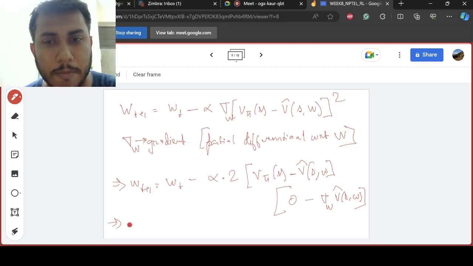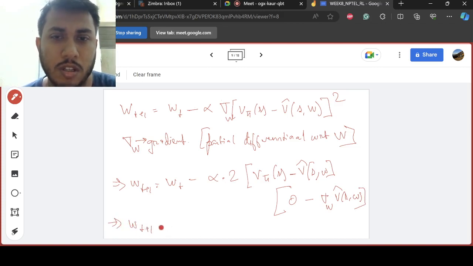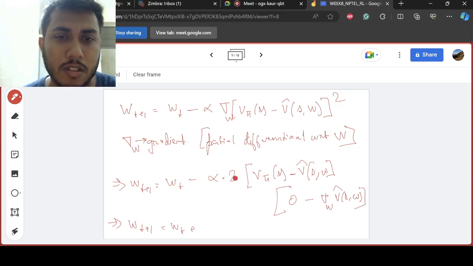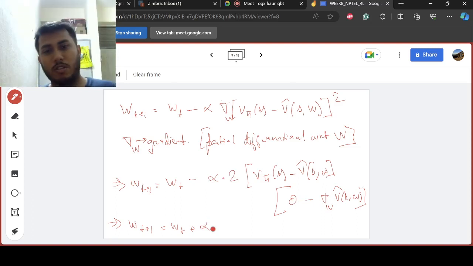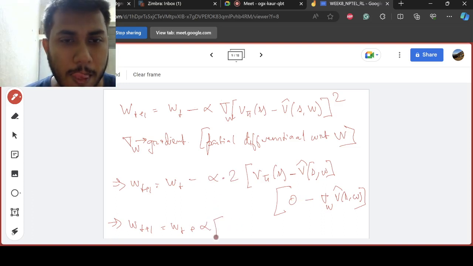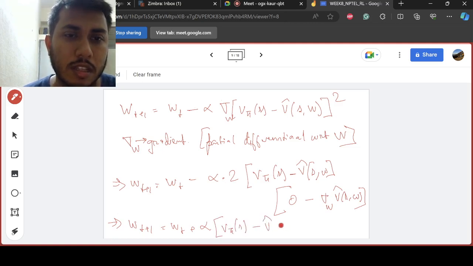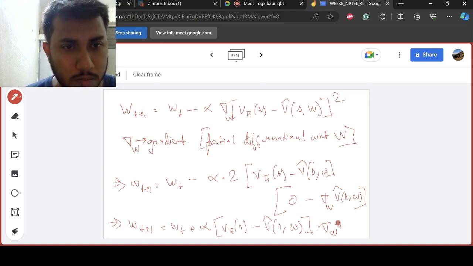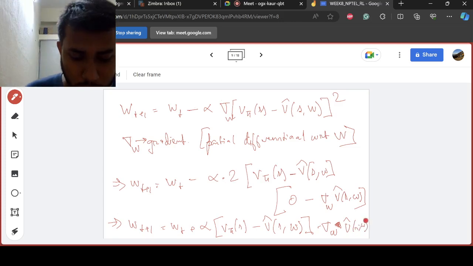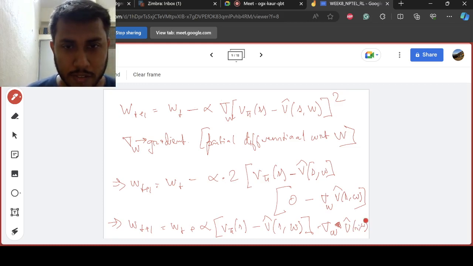If you simplify this, it will come to wt plus 2 into alpha, this will basically be alpha because it is constant, times (v pi s minus v hat s comma w) into the gradient with respect to w of v hat s comma w, right?